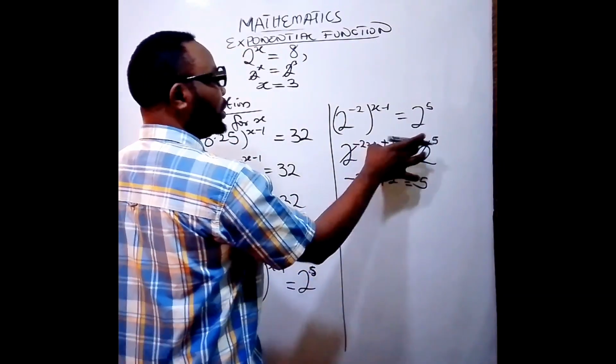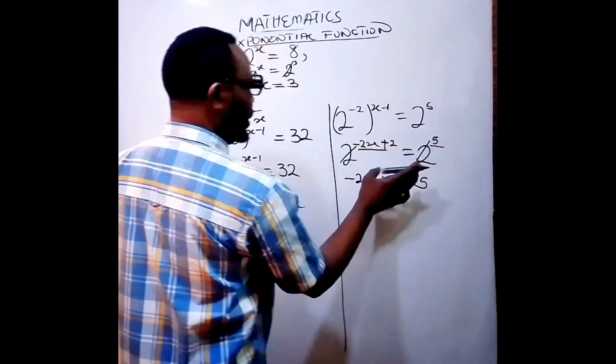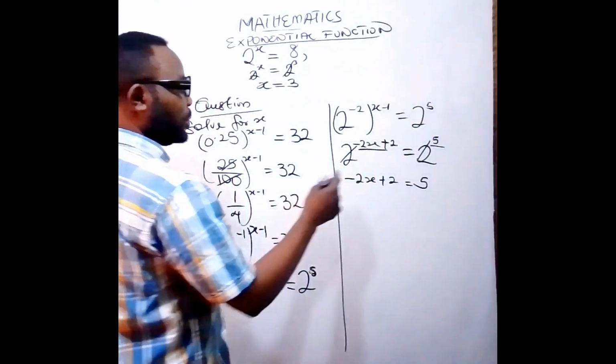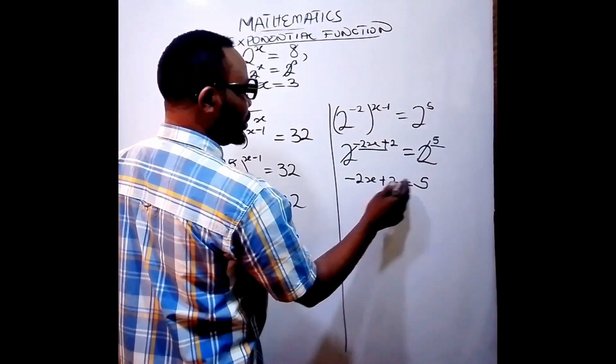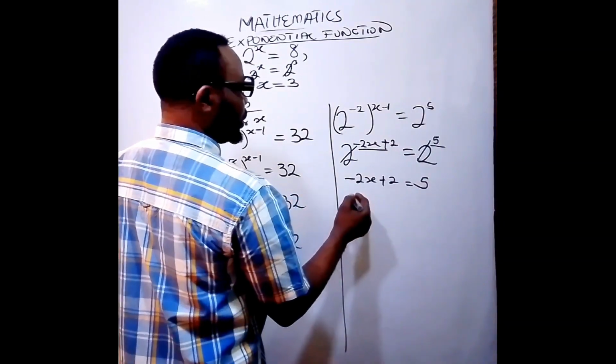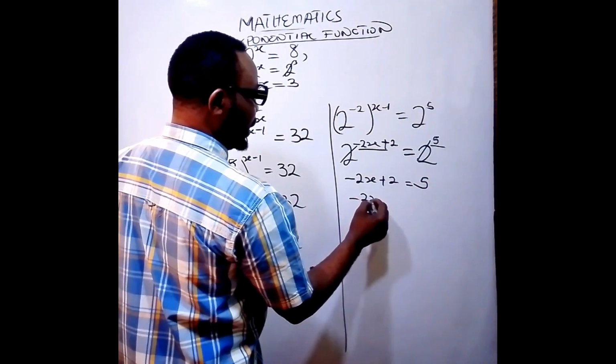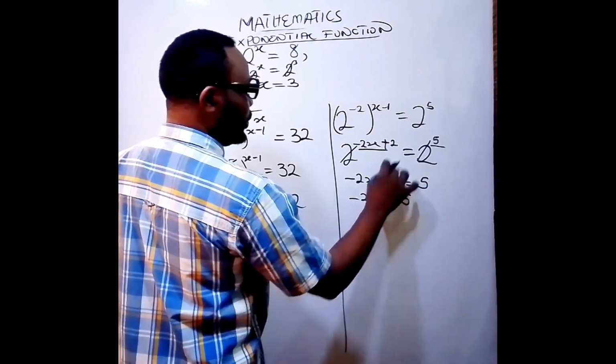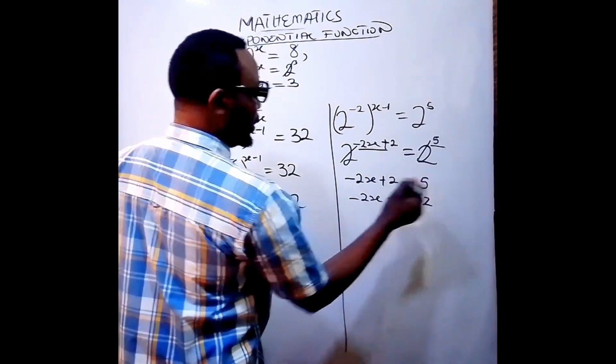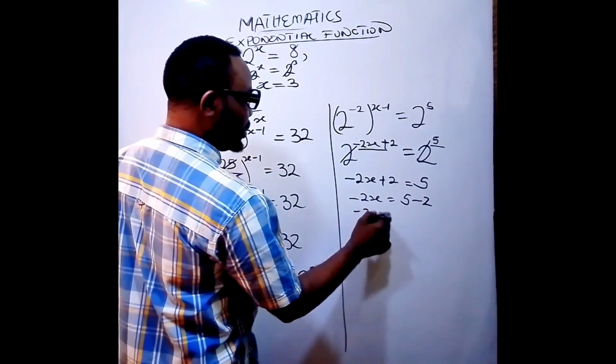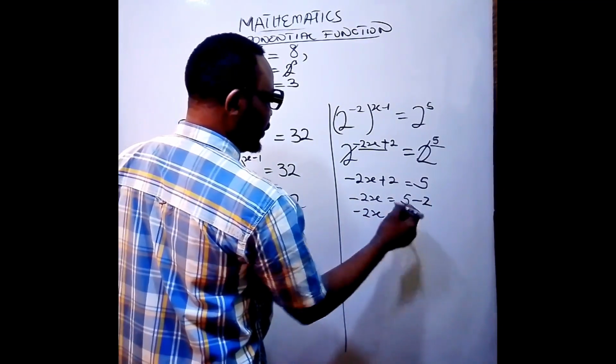You will now bring down all those values you have up here. So minus 2x plus 2 is equal to 5. So you can now say that minus 2x will be equal to 5, you bring this 2 here, minus 2. So that will be minus 2x is equal to what? 3.